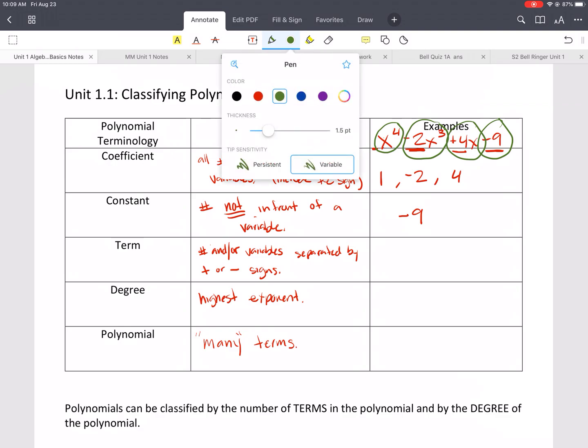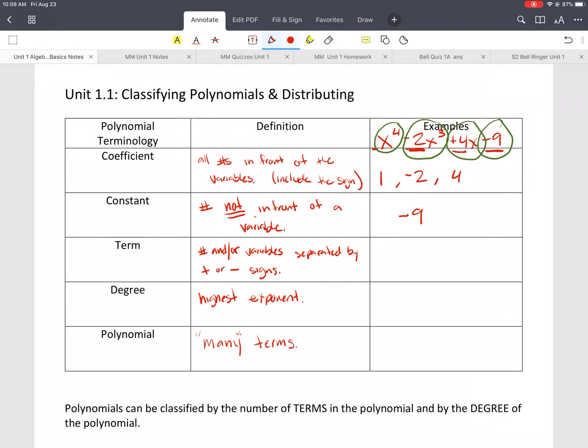So for the four terms that we have, the terms would be x to the fourth, -2x cubed, 4x, and -9. Oftentimes on the homework and the test, they may also ask you the number of terms. So the number of terms would be 4. We just count how many terms there are, and there are 4 terms.